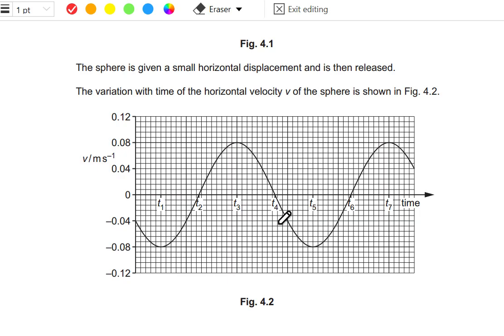one complete wave. A sine wave can be analyzed into 4 sections: 1, 2, 3, 4.